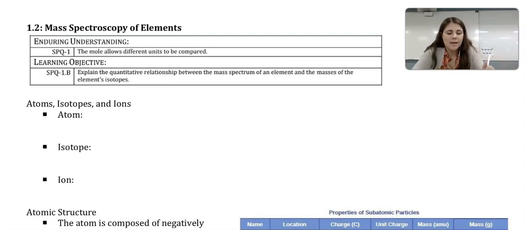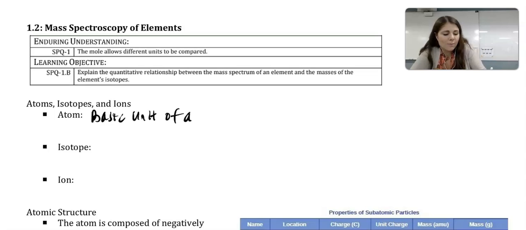So an atom is going to be our basic unit of a chemical element. Please note that the atom is going to be our smallest unit of matter.